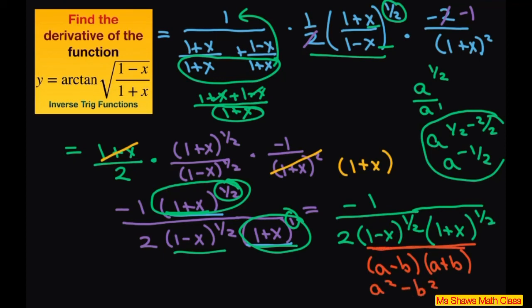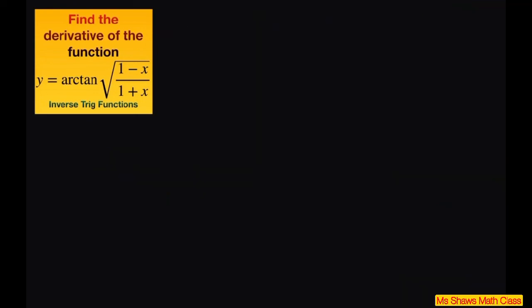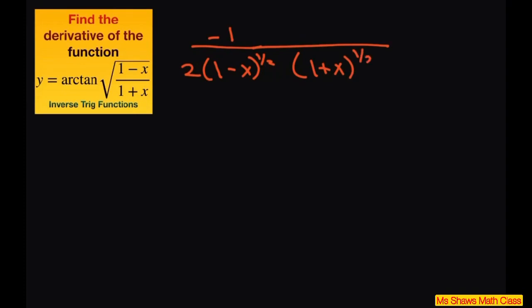So this right here is just going to be 1 minus x squared, when I group this together. And then you have to do this as well. So let's look at what we have. We're going to have this equals negative 1 divided by 2 times (1 minus x) to the 1/2, and then we had (1 plus x) to the 1/2 power.